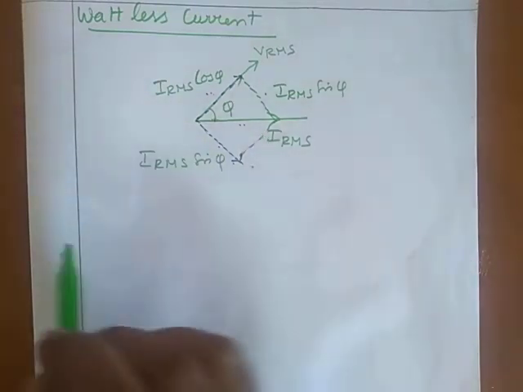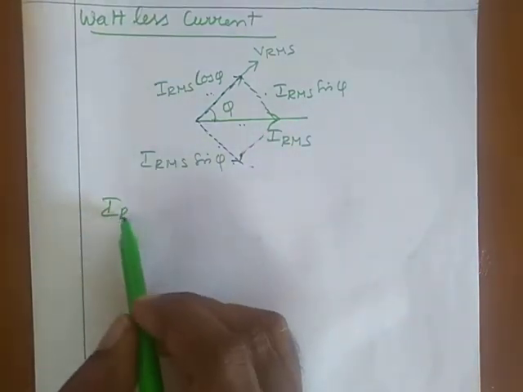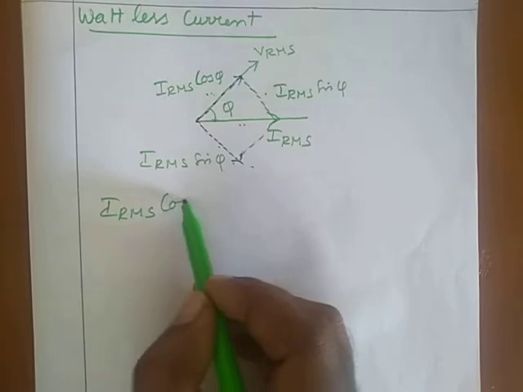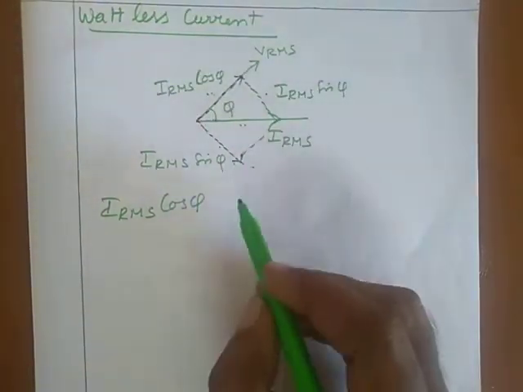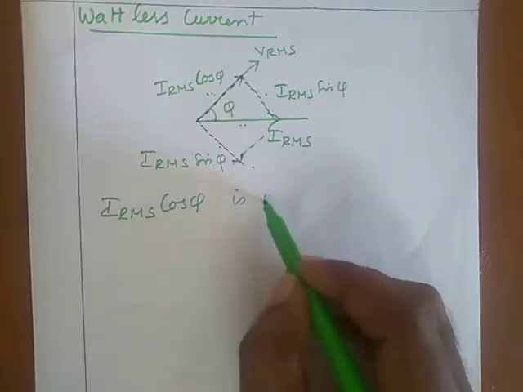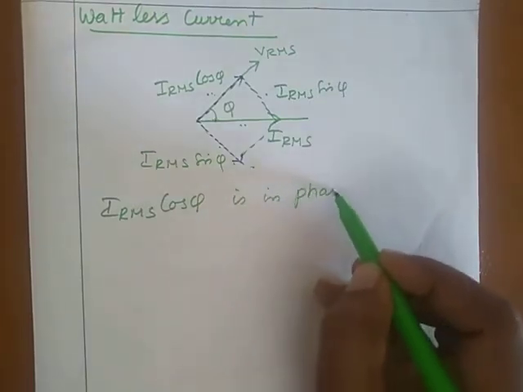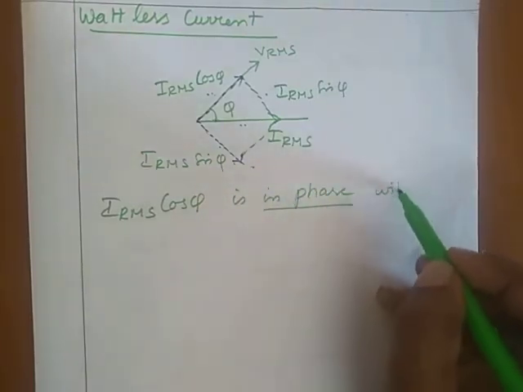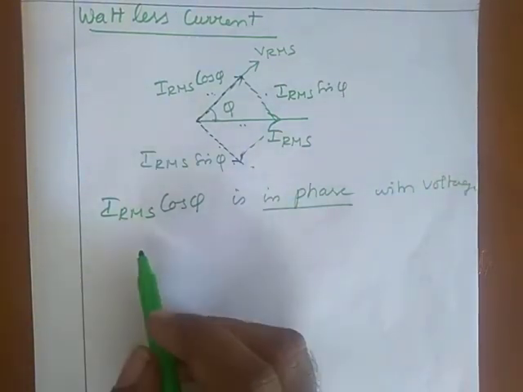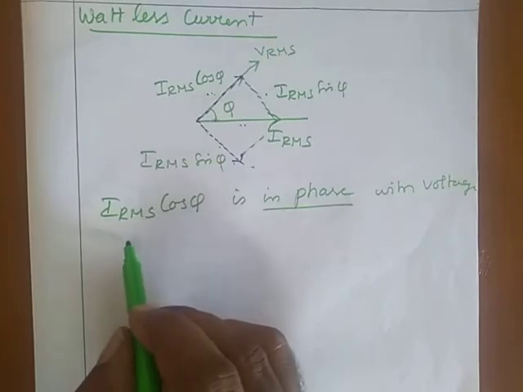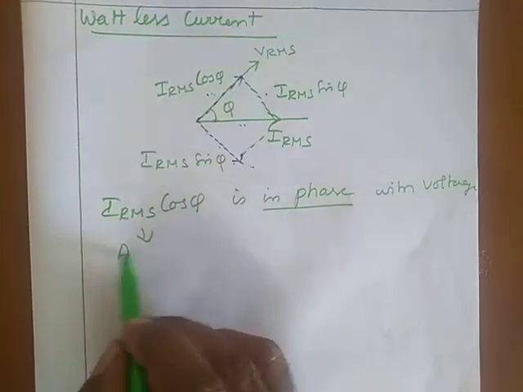So the Irms cos phi is in phase with voltage. So it is an active component of AC circuit.